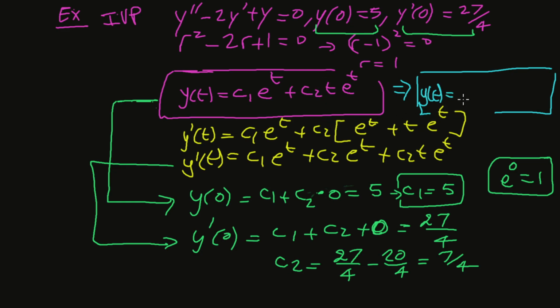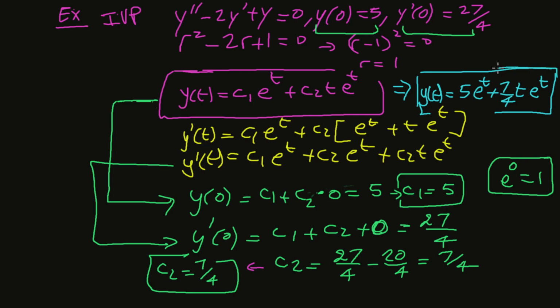C1 is 5 with e^t, and C2, which let's write it here. After we found it, it's 7/4, plus 7/4 t e^t.